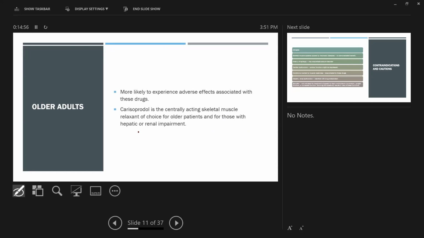Older adults are more likely to experience adverse side effects of these drugs. Carisoprodol is the drug of choice for older adults and for those with both hepatic and renal impairment, because this is excreted in the GI tract.